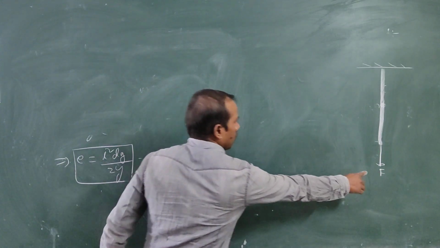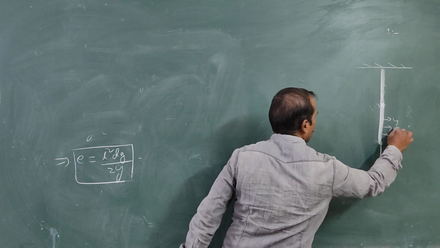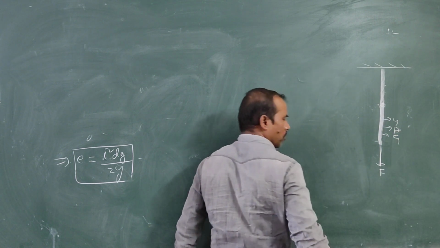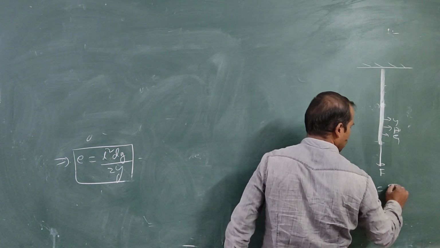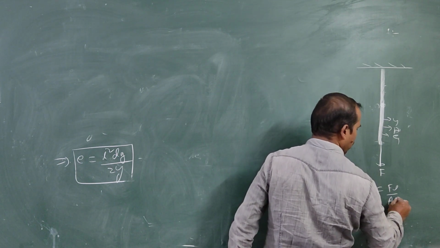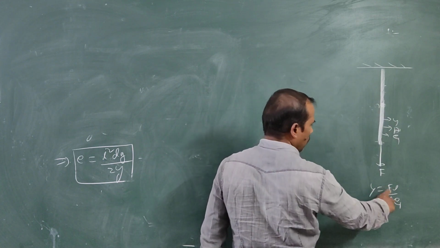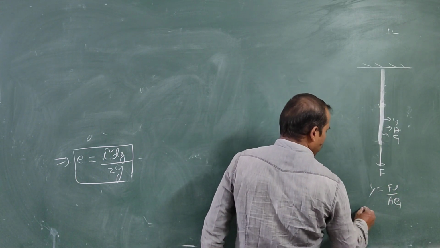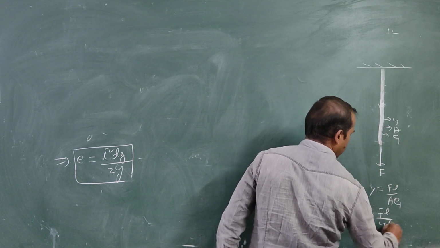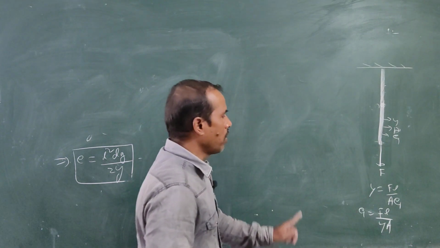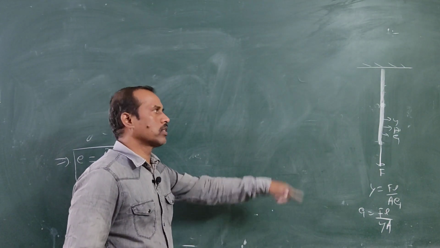With Young's modulus Y and area of cross section A, the elongation E prime is equal to FL by YA. This is the additional elongation of the wire.